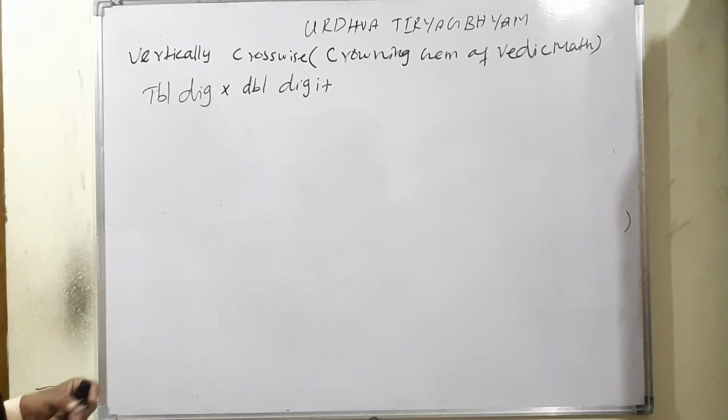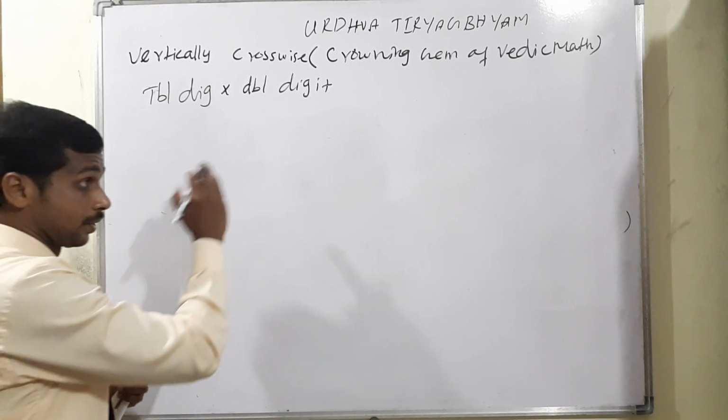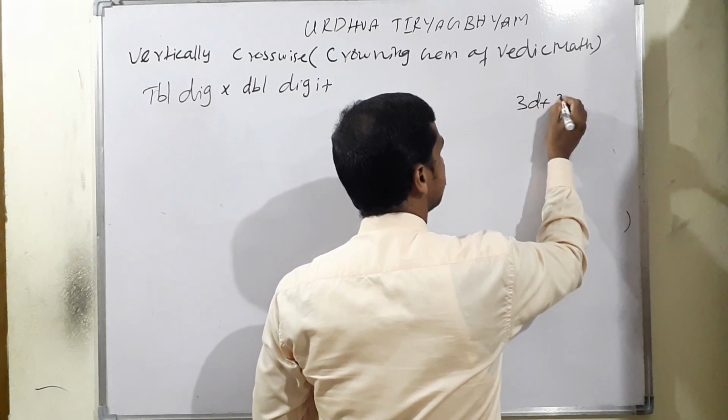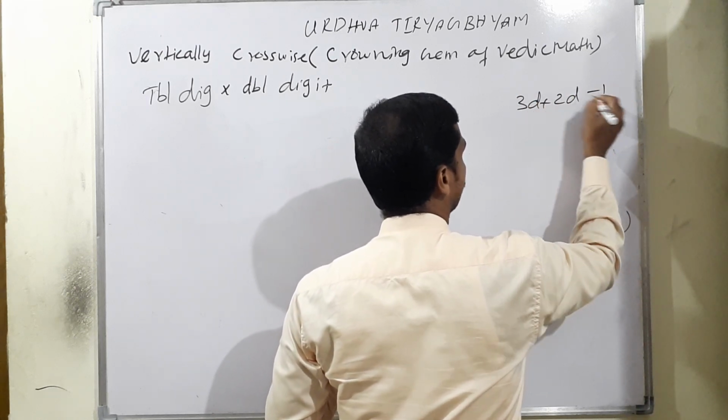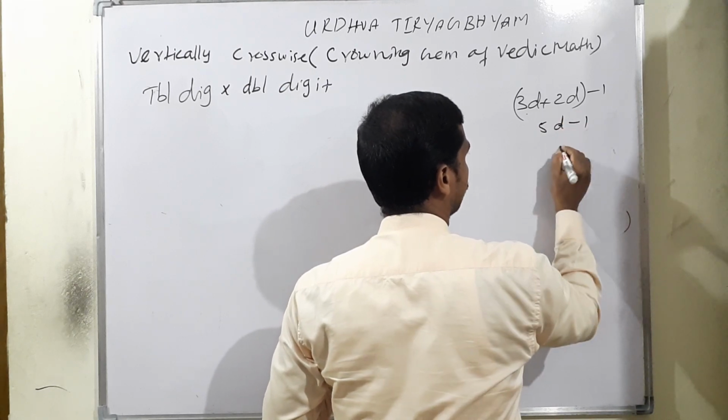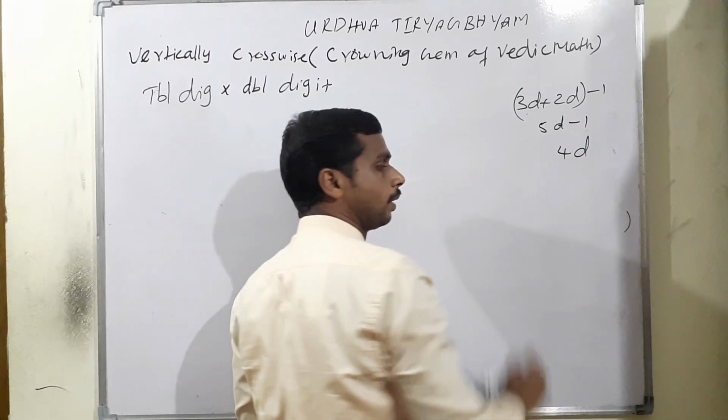The number of steps, I already told you the meaning: 3 digits plus double digit, minus 1 will come. So 3 plus 2 means 5 digits, minus 1. Therefore the number of steps will come 4 steps.